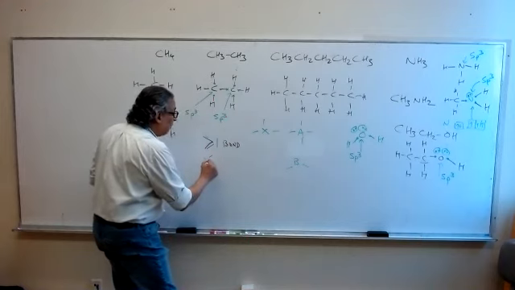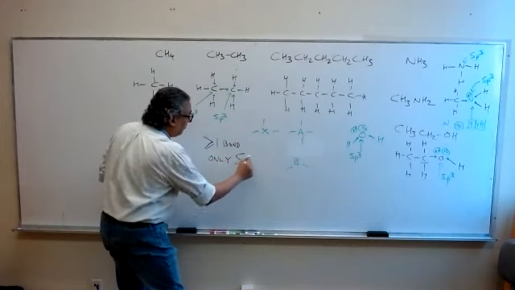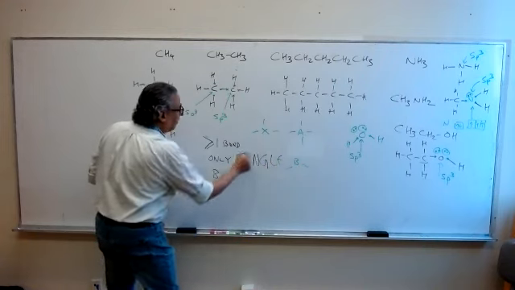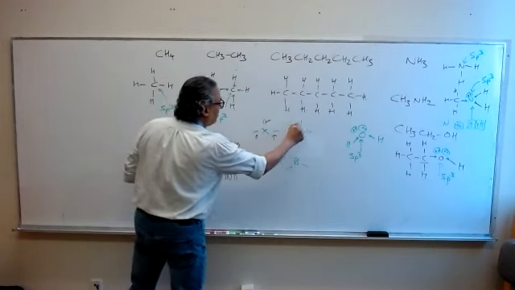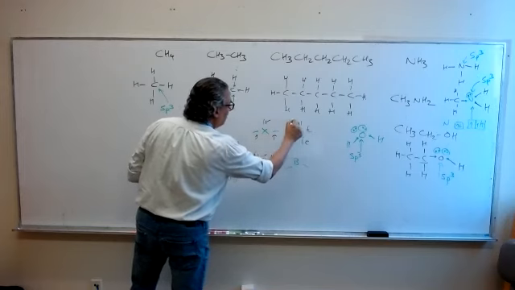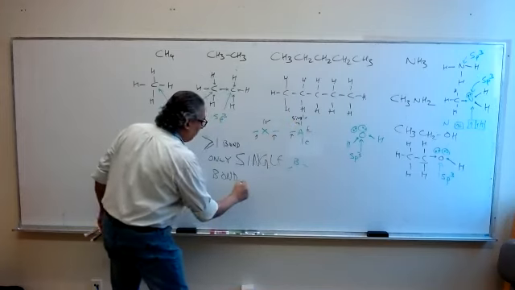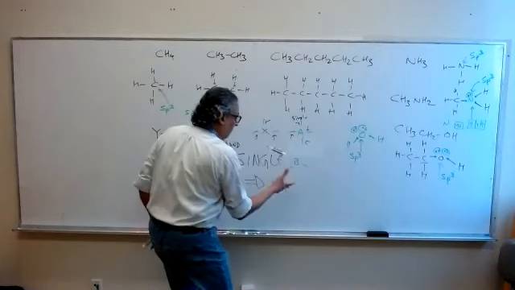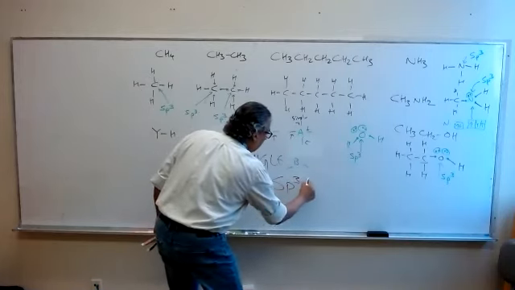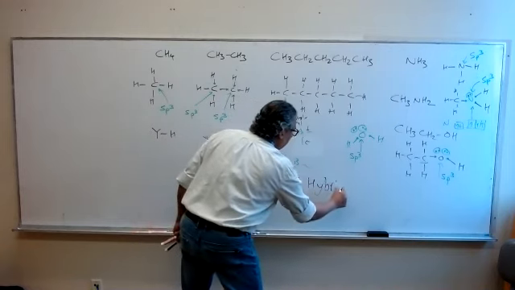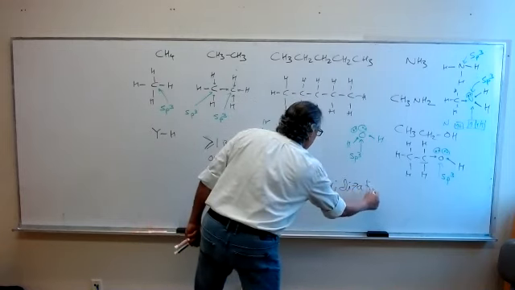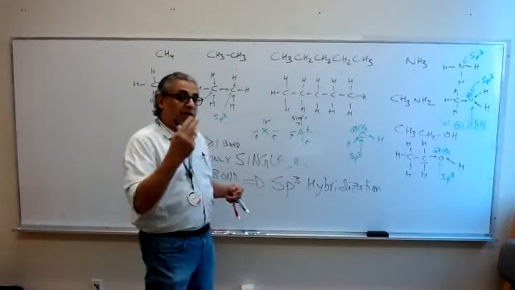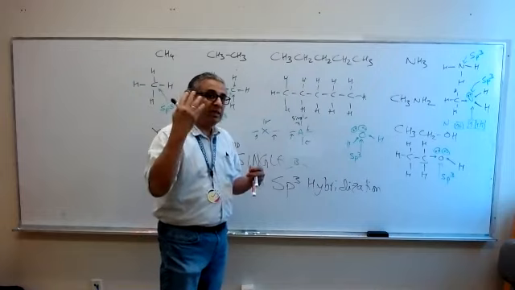Usually when there is only single bonds around that element, when they're all single bonds, you can keep your eyes closed and say sp3 hybridization. We will learn sp2 and sp hybridization on Wednesday, and we will also get into the world of double bonded species and triple bonded species.